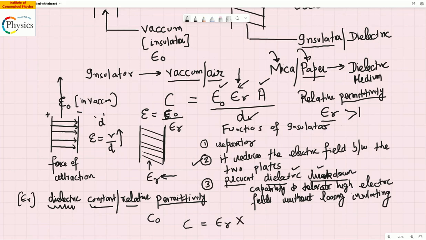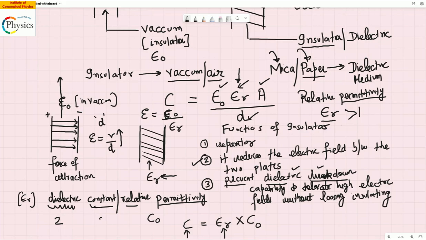So epsilon R into C vacuum. This is your new capacitance of a parallel plate capacitor when a dielectric of relative permittivity epsilon R is introduced.